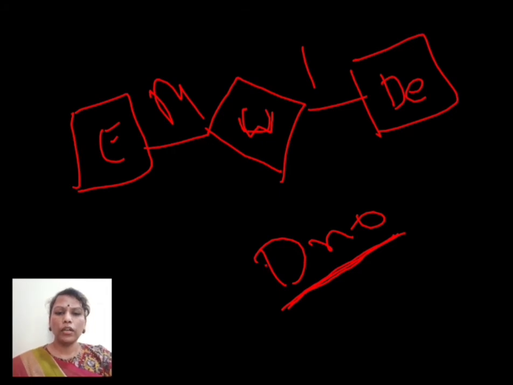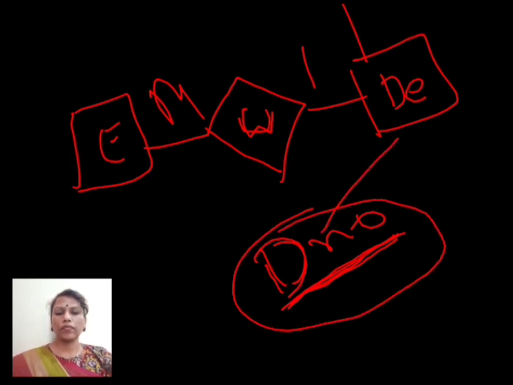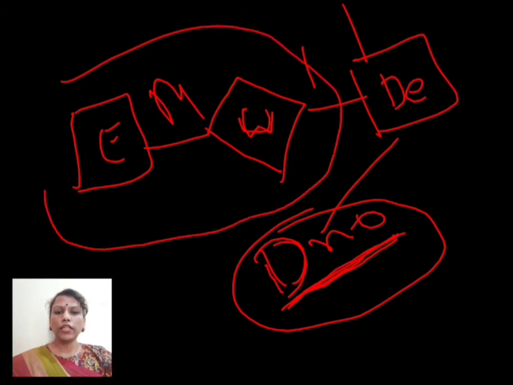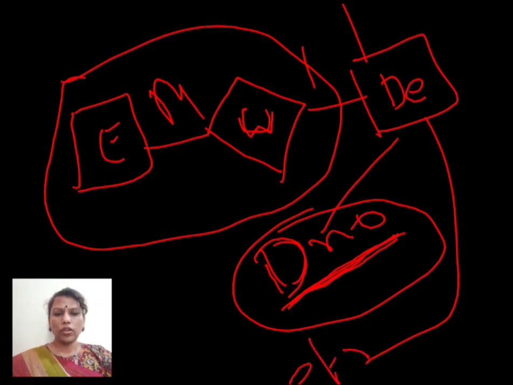When you write the attribute name and underline that name, that means that is a key attribute. So here department has a key attribute. That means even though employee does not exist, department exists, right? So here this is a strong entity.